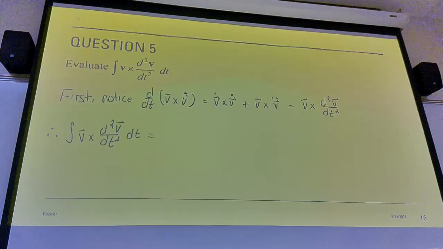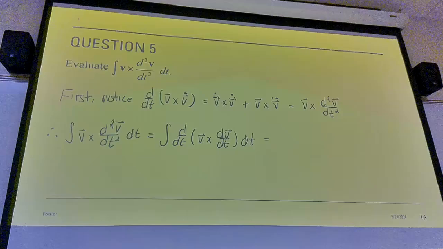What's that antiderivative? What do you mean by itself? The v vector times the derivative of the v vector. When you say times, you mean cross product?